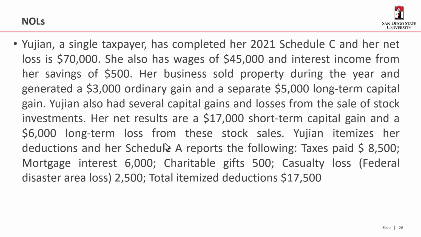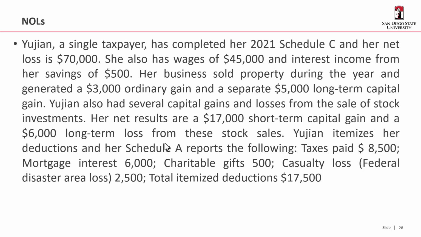Okay, let's do an example. Eugene is a single taxpayer, completed her 2021 Schedule C. Her net loss is $70,000. She's got wages of $45,000, interest income from her savings account of $500. Her business sold property during the year that generated a $3,000 ordinary gain, and a separate $5,000 long-term capital gain.